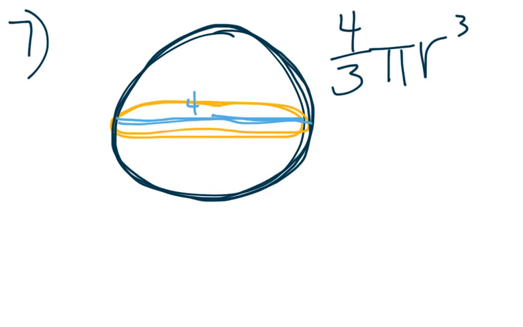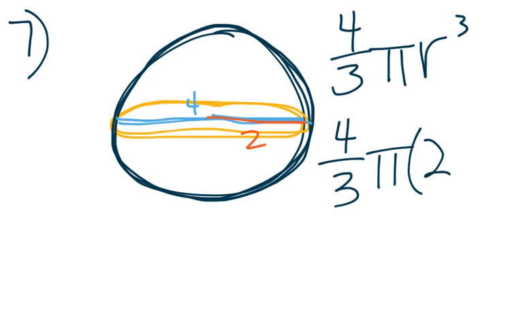Number 7, we have another sphere, and remember we need the radius. So over here we have a diameter of 4, and the radius is half of the diameter. So 4 divided by 2 is 2. So for r, we are going to substitute 2. So we're finding 2 to the third, which is 8.